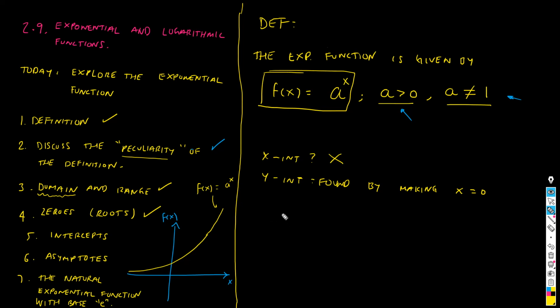So let's work that one analytically. f of 0 equals a to the x. I'm sorry, a to the 0. I'm evaluating at 0. f of 0 is equal to a to the 0. And how much is a to the 0? Any number raised to the 0 will be 1. So f of 0 will be 1, and therefore this is your y-intercept, like we said before.